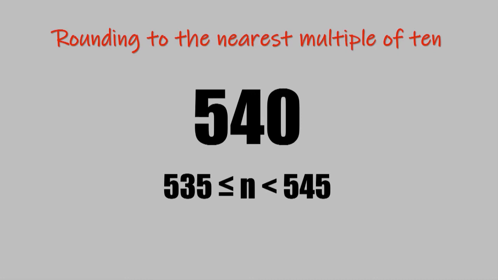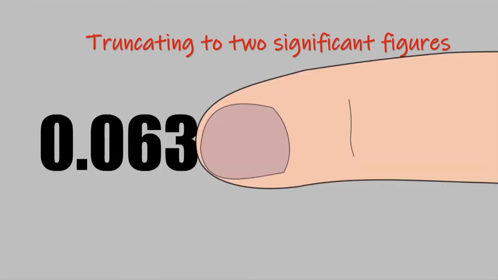Now, as well as being rounded, numbers can be truncated. That means the unwanted decimal places are just chopped off, or the unwanted digits are chopped off from the end to make it a less accurate number, but more easy to deal with. So let's say a number has been truncated and the number we're given is 0.063.